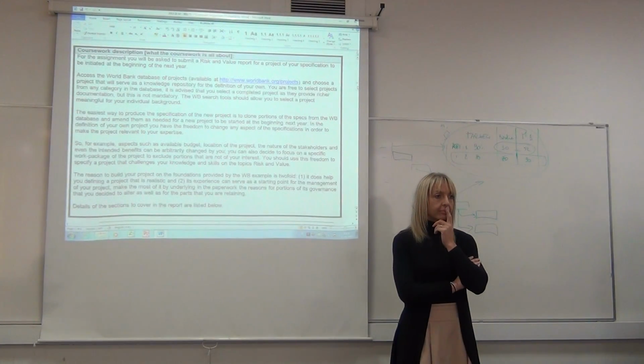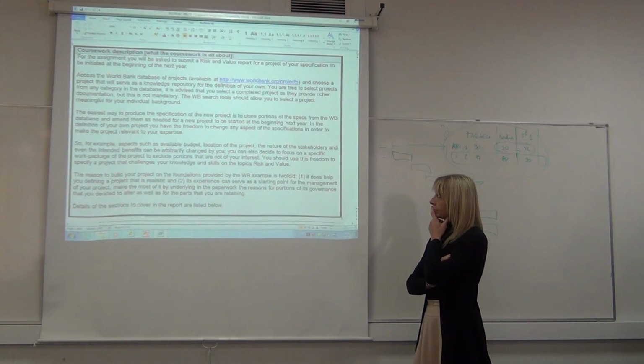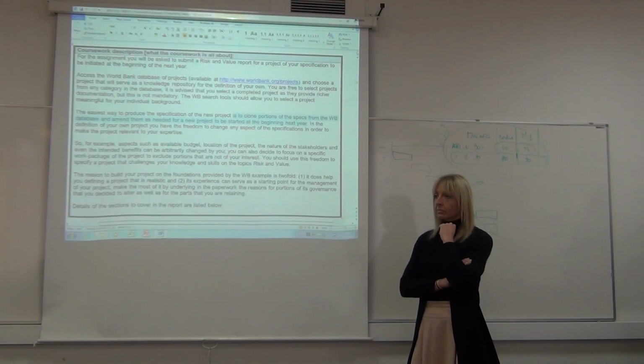So we're creating a project. You are creating a project, so what I ask here is that the easiest way to produce the specification of the new project is to clone portions of the spec from the World Bank database and amend them as needed for a new project to be started at the beginning of next year.